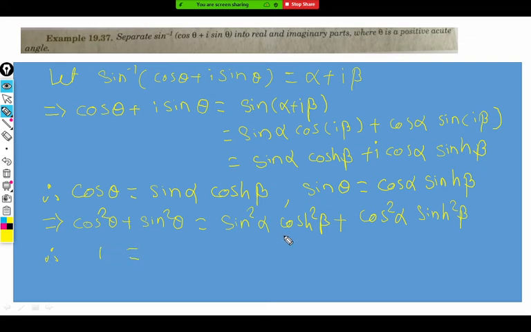Now let me try to remove one of the variables here, or we try to convert everything in terms of only sine. So all alpha terms in sine and all beta terms in the reverse. You can do everything in sine, or everything in cosine, or vice versa. The choice is yours.